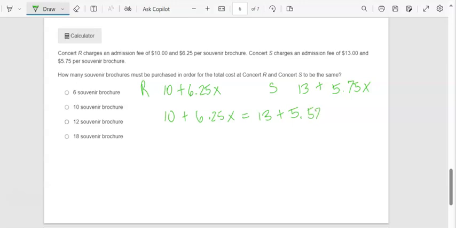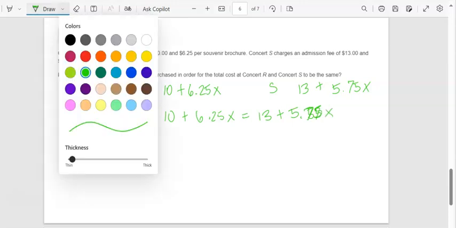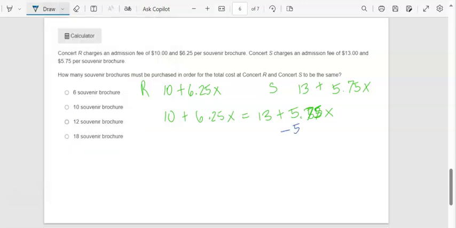And we're going to start by, oh, I just wrote that backwards. We're going to start by getting the variables together. So I'm going to subtract 5.75x. Okay, Miss Horton, x. You got to do it from both sides. Use your calculator.